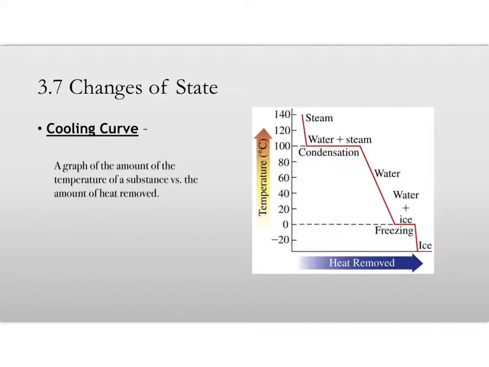The temperature of the steam goes down very quickly. The temperature of the ice goes down very quickly. But the temperature of the liquid water is much slower to cool down than the others. Either way, again, the temperature will stay constant at these equilibria where it is condensing into a liquid or freezing into ice.